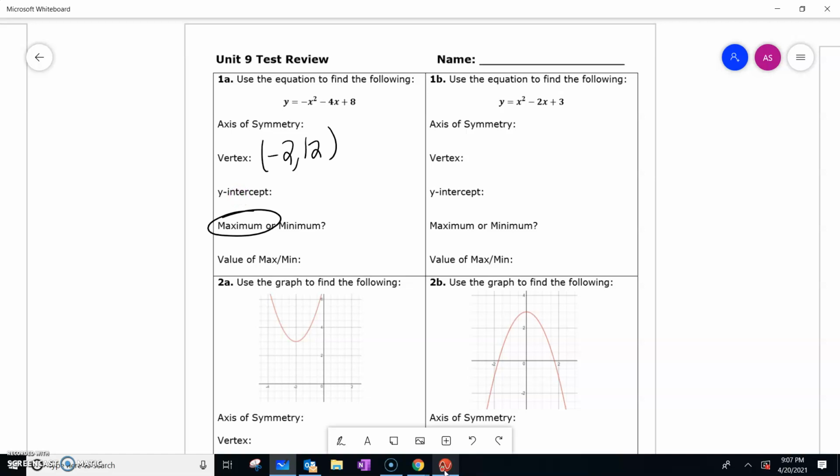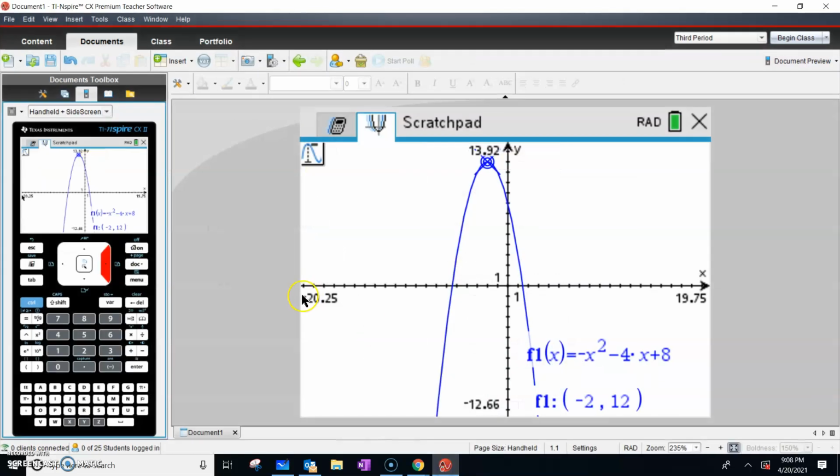When it asks for our maximum value, that's always the y value of our vertex. So our maximum value is 12 because it's not going to go higher than 12 on the y-axis. My y-intercept is where the graph crosses the y-axis, and that's 0, 8.